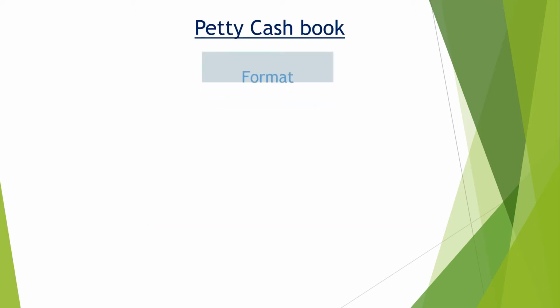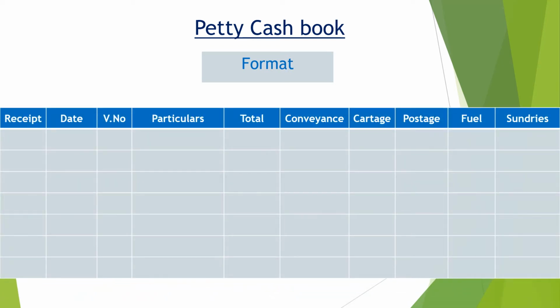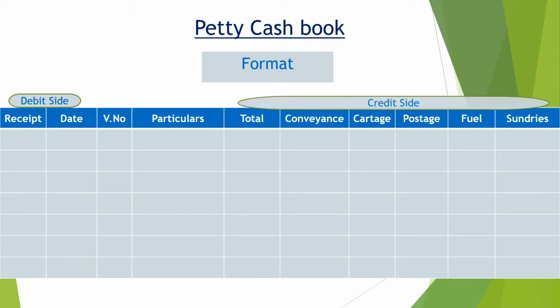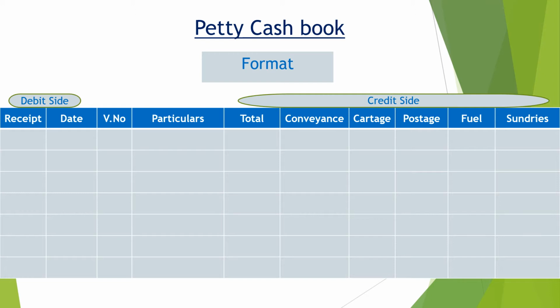Let's have a look at the format of petty cash book. There is one side called debit side. The receipt side is debit side as cash in is increase in asset, and the other side is credit side.